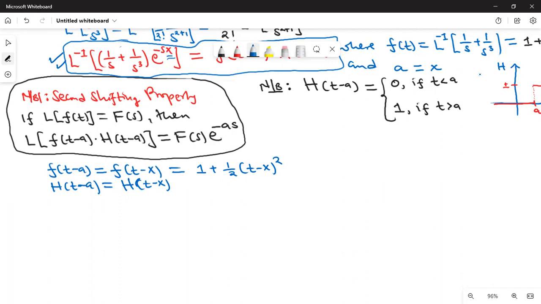So we multiply the two. Remember, I'm going to multiply the two to get our solution.